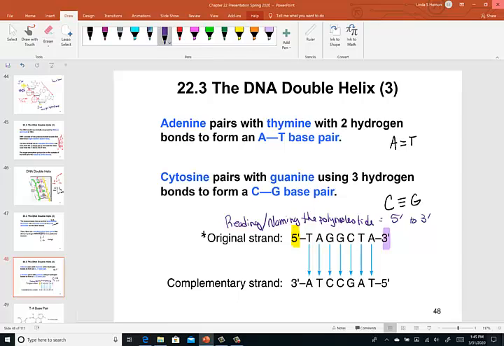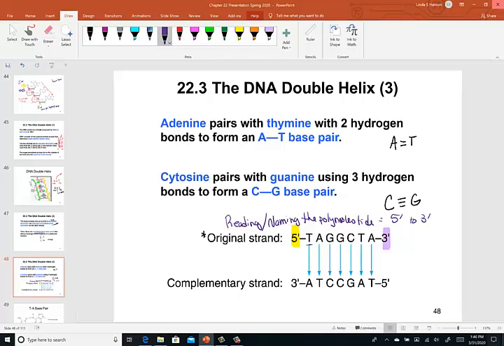And so I would name the original strand as TAGGCTA. I'm just telling you the bases: thymine, adenine, guanine, cytosine, thymine, adenine, on and on. Each one of these letters is giving me a nucleotide.